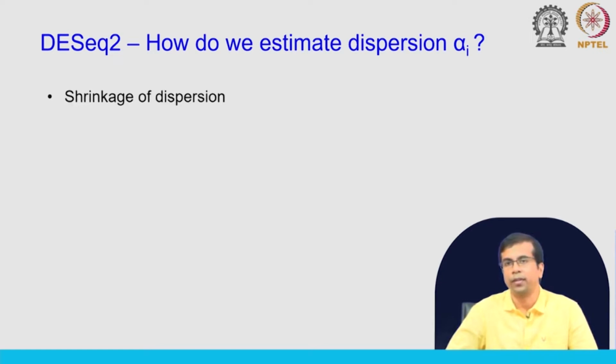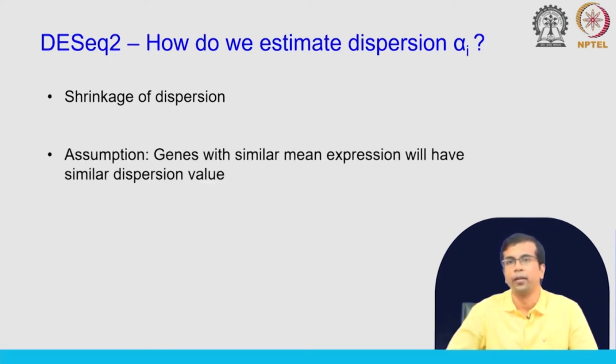It is addressed by something called dispersion shrinkage. We want to reduce this noise in the dispersion data. The idea is very simple, and there is an assumption: genes with similar mean expression should have similar dispersion value.